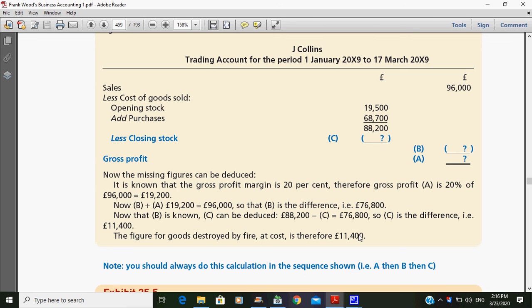The figure for goods destroyed by fire at cost would have been 11,400, which is the closing stock. You should always do this calculation in the sequence shown: A, then B, then C. Alright?